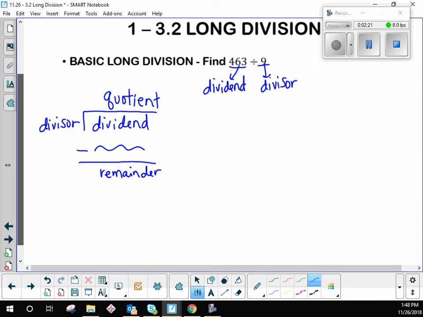And so your homework is going to ask you to take all those pieces and write your final answer like this. You write the quotient plus the remainder over the divisor. So when you see that on your homework, your notes, your quiz, your test, you'll know what that is telling you to do.